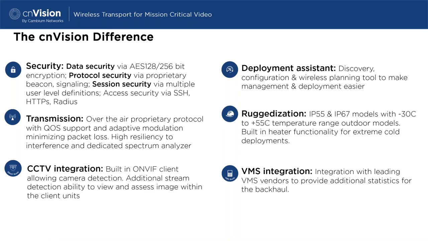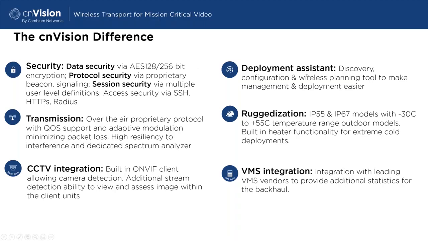When we are transferring your camera traffic over the link, it's encrypted with things like AES 128-bit encryption or 256, which is even more robust. The actual protocol that we're using has some proprietary nature to it, so you can't just use a Wi-Fi analyzer and debug it or sniff it, as well as access, whether it's SSH, HTTPS, RADIUS, there's administrator level, different user level, all sorts of controls built around making the data that goes over it secure, as well as the product itself.